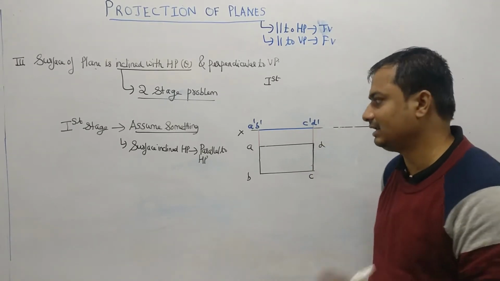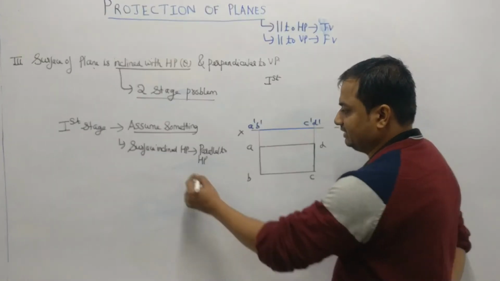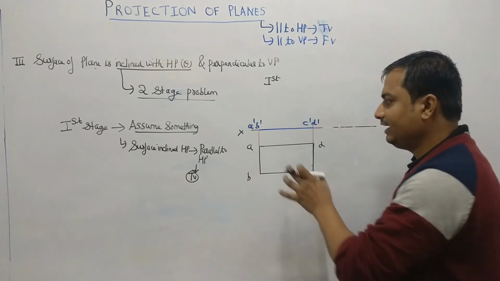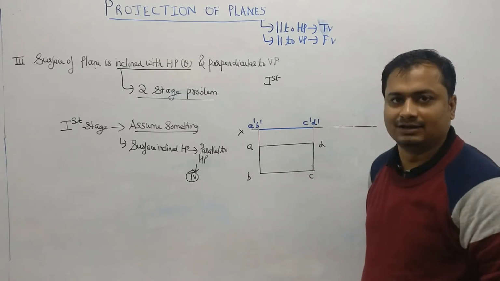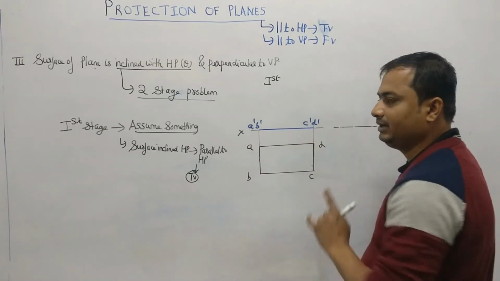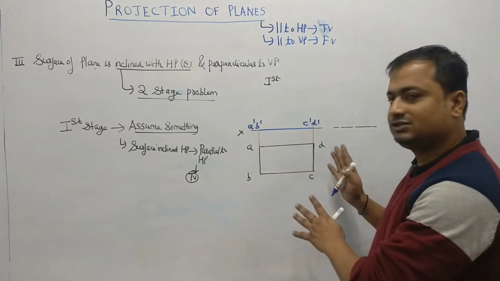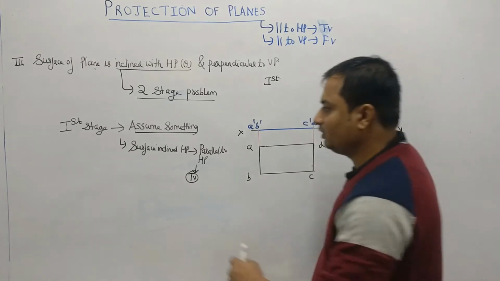If your surface is inclined with the HP, assume it is parallel to HP. Then start with the top view. That I have done here. I have made it parallel to HP, and I have started with the top view, which is a rectangle. The top view will be a rectangle and the front view will be a line. So this is my first stage where I have assumed and drawn. This is not the solution of the problem. Actually we have to tilt it, we have to incline.